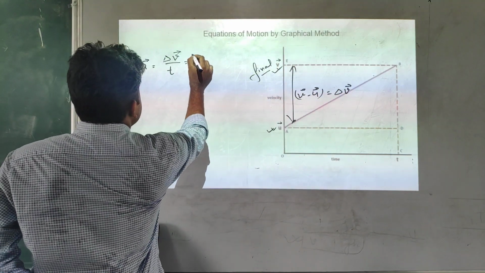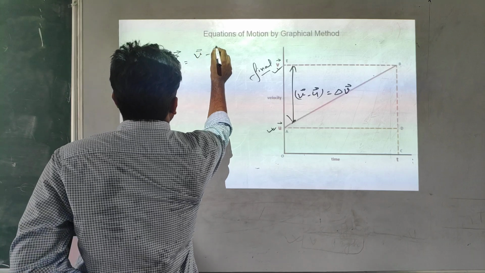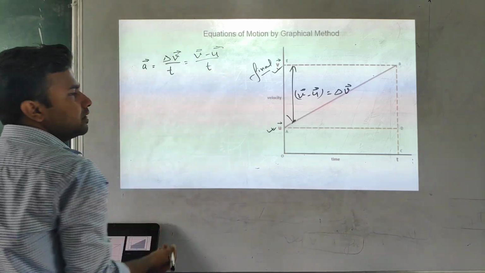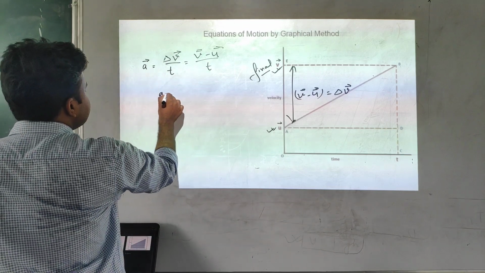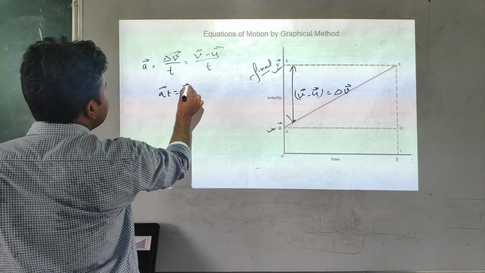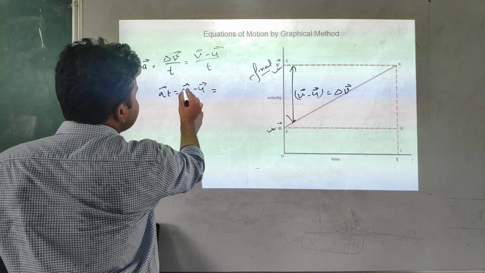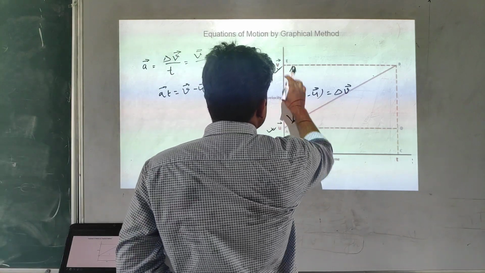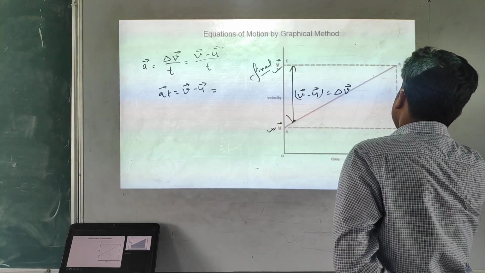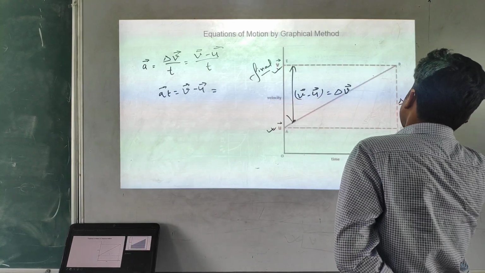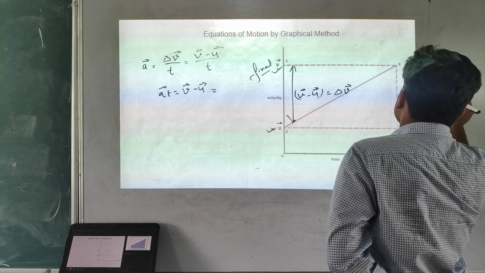So what can we write here? a equals v minus u divided by t. From here we can write at equals v minus u. V minus u is here bd. This is the delta v, and this is the bd, and this is also at from here.